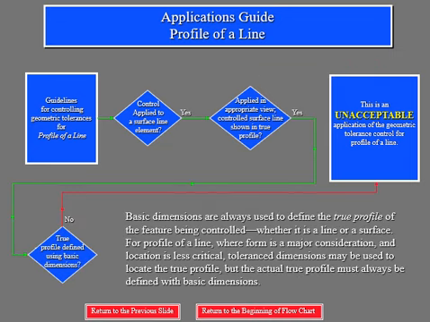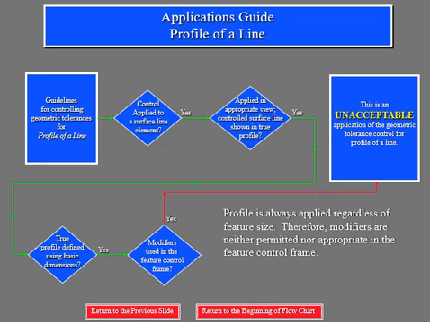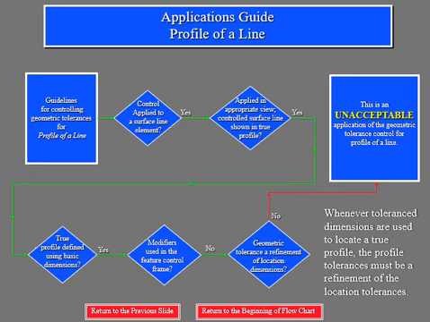Of course, then we'll take a look at whether your true profile is defined using a basic dimension or not, because basic dimensions are always used to define the true profile of the feature being controlled. Then we look at the modifiers. You don't need it. If you have it, then it's unacceptable, because profile is always applied regardless of feature size. Then I will take a look at whether you use your location dimension to refine your geometric tolerance to control the line profile.